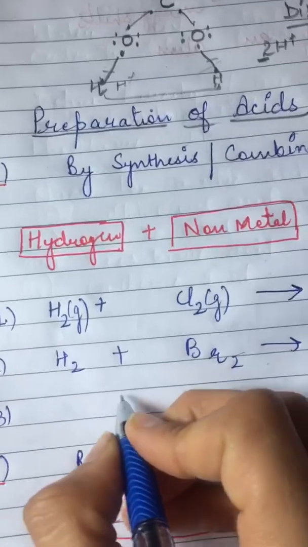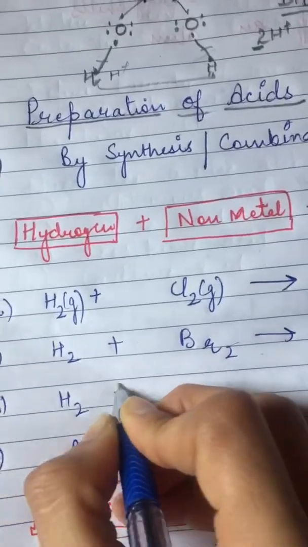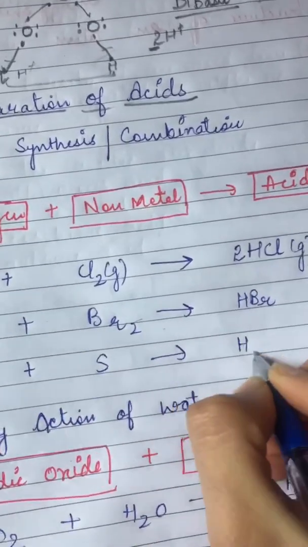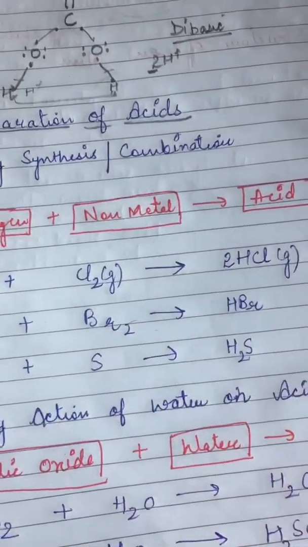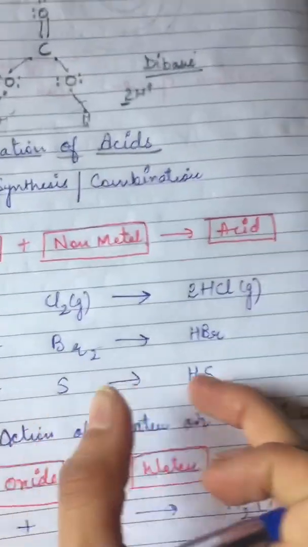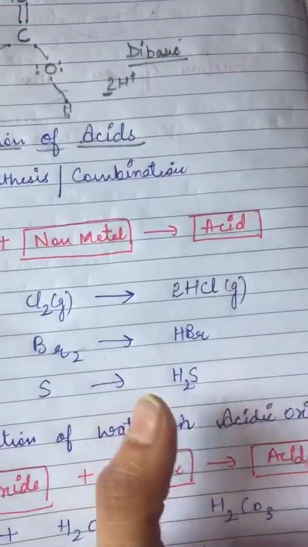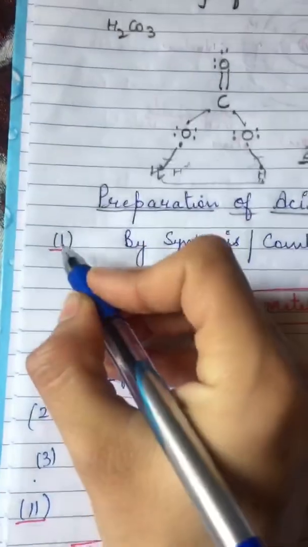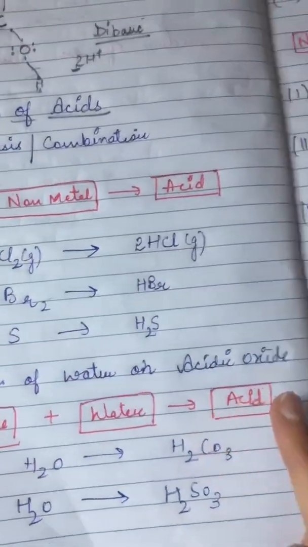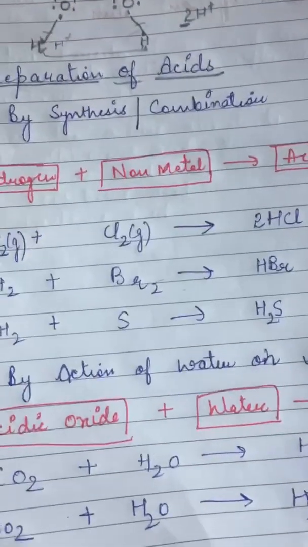Third, H2 plus S, it will give hydrogen sulfide, H2S. It is also an acid, right? So whenever hydrogen reacts with a non-metal, it will form an acid. That is the first method of preparation.